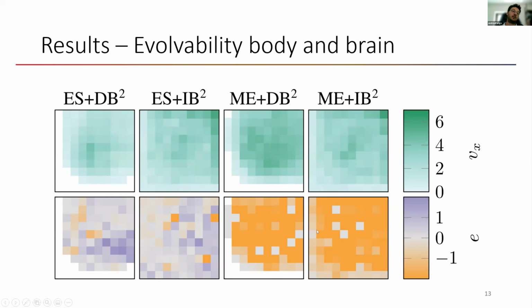This does not happen in MAP-Elites, where the selection process is random, and each individual in the archive has the same probability to be selected.